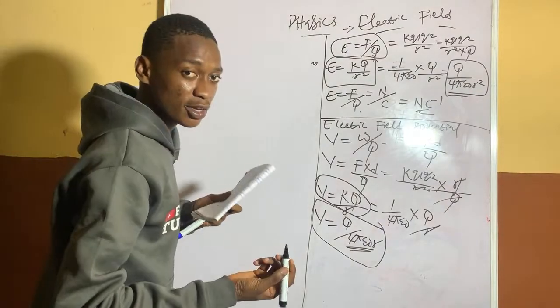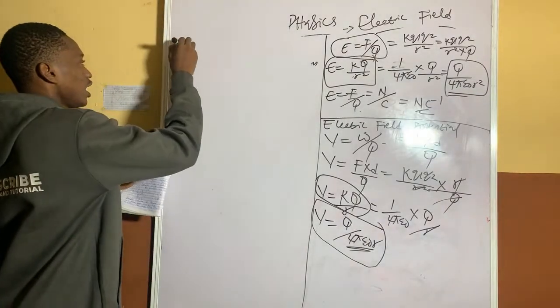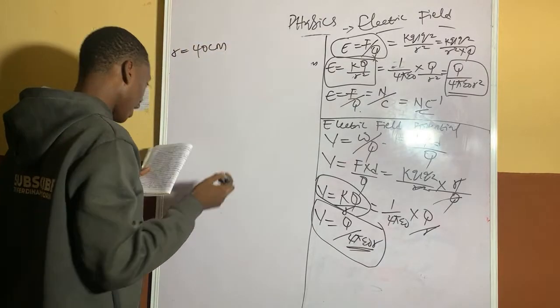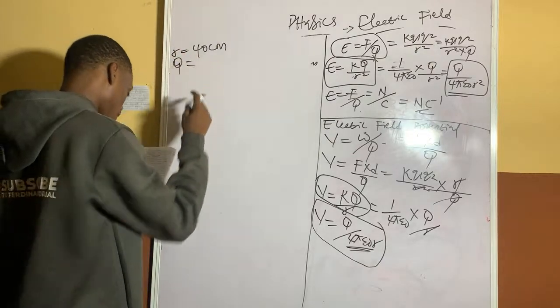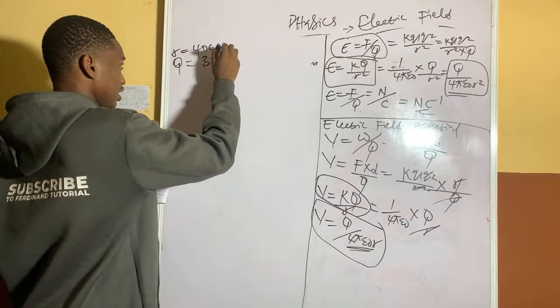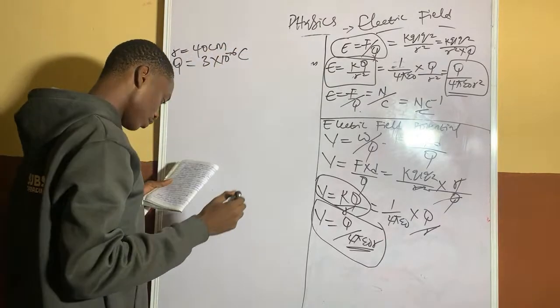Whenever we're talking about 40 cm, we're talking about distance. So they give us R as what? 40 cm. And then they say a charge, which is Q. A charge of 3 times 10 raised to power minus 6 coulomb. Are we there now?